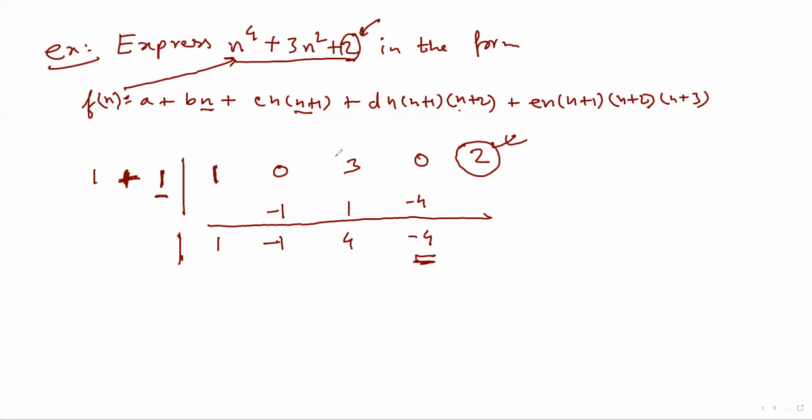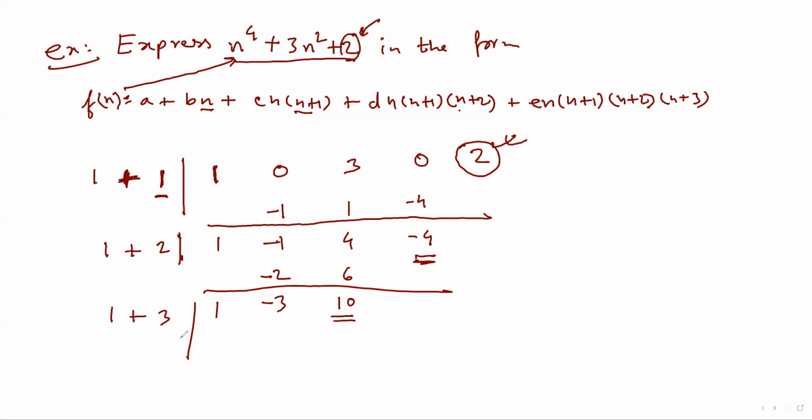Divide by n plus 2 now. So 1 comes down here, multiply by minus 2. So minus 2 should be here, minus 3 in the next place. Multiply by minus 2 to get 6. We should have 10 here and stop. And this is the remainder for this step. Then divide by n plus 3.